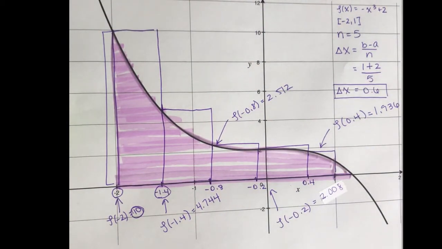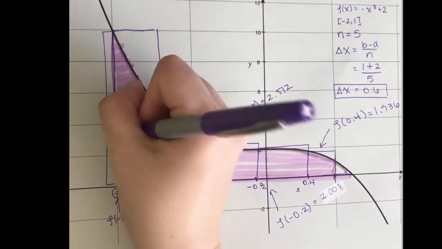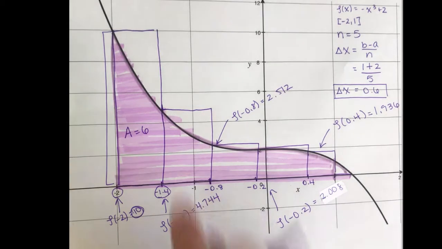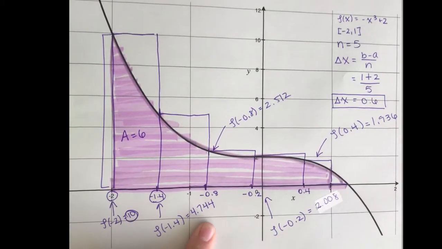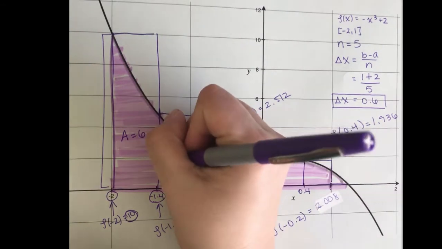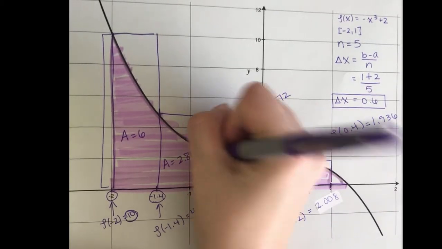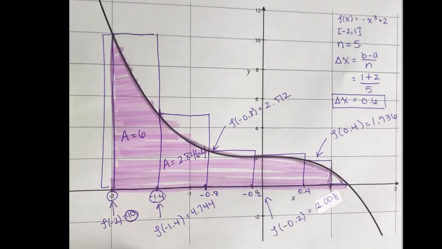So 10 times 0.6, the area is going to be 6. Second rectangle, the length is 4.744. The width is 0.6. So the area is 2.8464. Again, don't round anything if you're not asked to. Here we were not asked to, so I'm going to keep everything as its exact value.